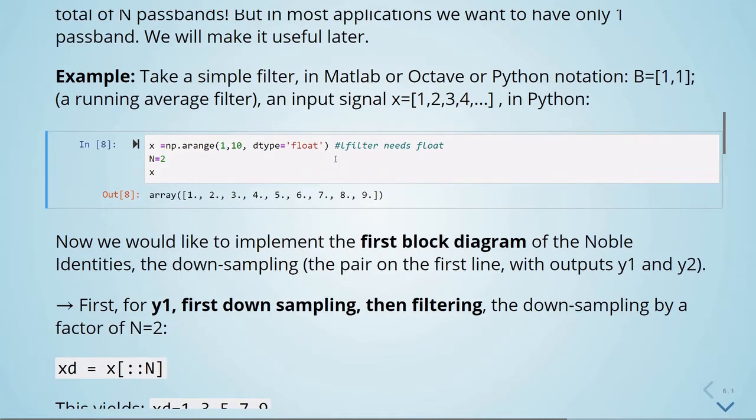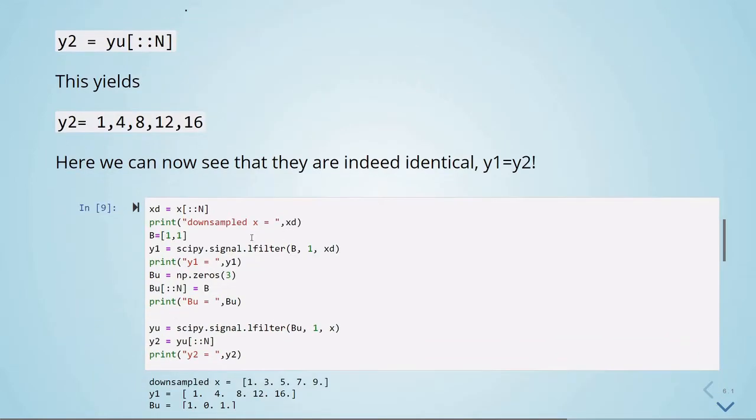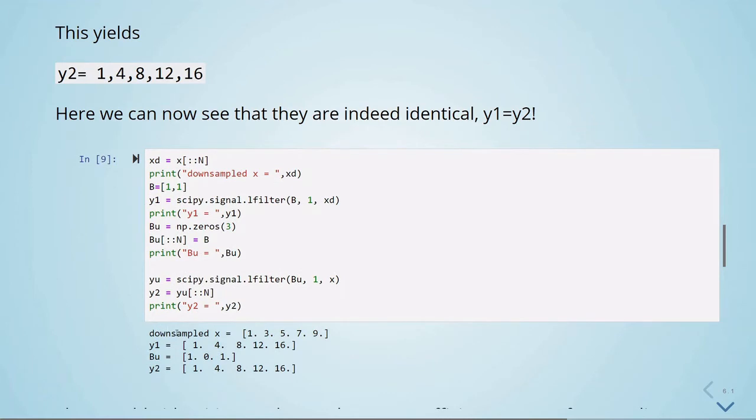Yeah. So let's do this using Python. We had our original array here. So now we are doing this x of d. So this is the downsampled version of x. So this is our b. This is the filter we are going to use. So y1 is the x of d. We apply this filter b, and we have y1, which is this part here. And now we are doing this operation here.